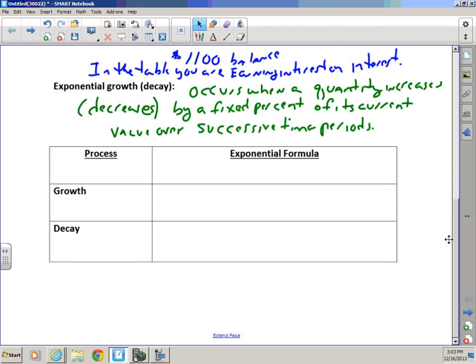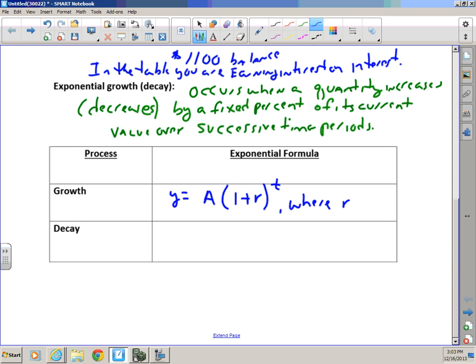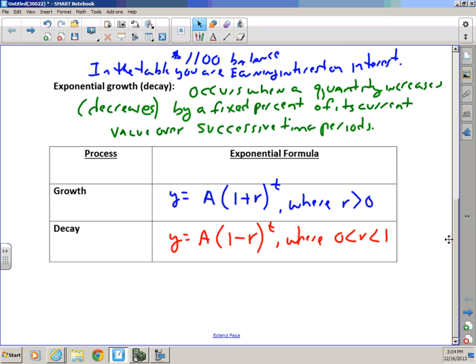Okay? For growth, y, my value, is equal to a times (1 plus r) to the t, where r is greater than 0. For decay, y is equal to a times (1 minus r) to the t, where r is between 0 and 1.